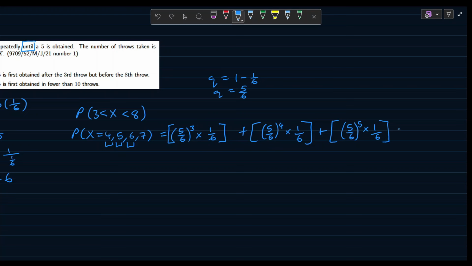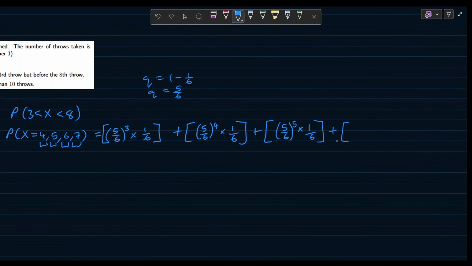Alright, and then finally we want to go on to x is 7. So that's going to be 5 over 6 to the power 7 minus 1, which is 6, multiplied by 1 over 6. Okay, and so this is the probability that x is equal to 4, 5, 6, or 7.